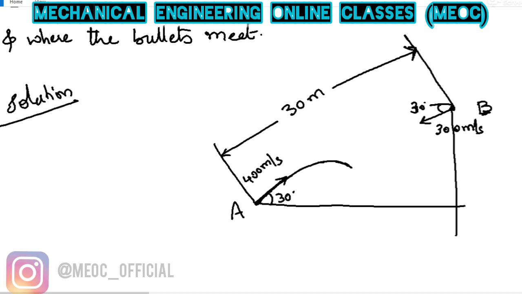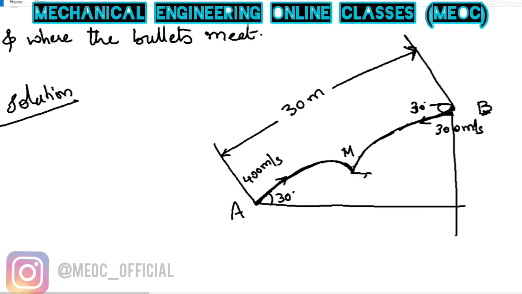This is the path of the bullet that is coming from gun A. So similarly, let the bullet that comes from B also take a path like this. So both are meeting at a particular point. Let that point be, say, M. M is a point of meeting. So we have to find when and where they will meet. So when means it is a time, where means it is in terms of distances.